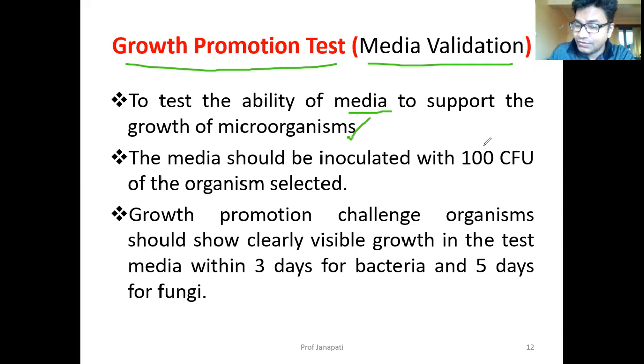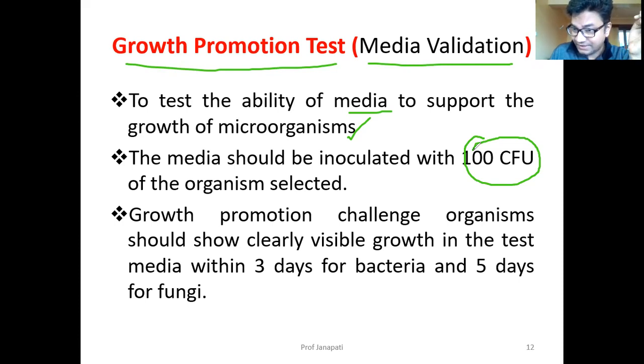How to do it? You take 100 colony forming units of whatever bacteria you selected, and add them into the media we have told about. It can be fluid thioglycolate medium, alternate thioglycolate medium, or soybean casein digest medium; you can select any of them depending upon your product.